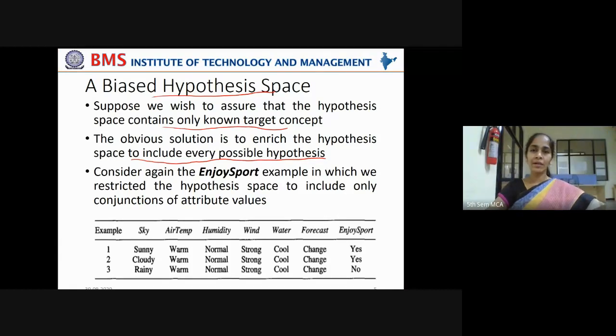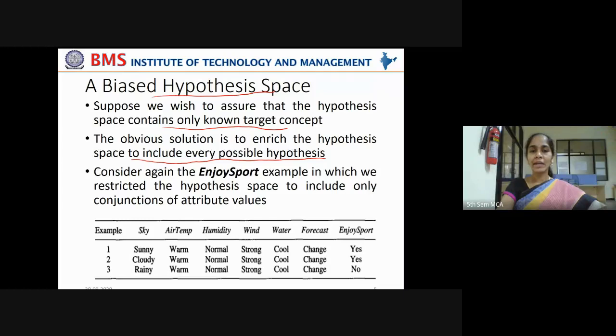So what is our motive now? To see that the hypothesis space doesn't miss out any of the target concepts, we will include all the hypotheses that are applicable, all the hypotheses that are relevant.